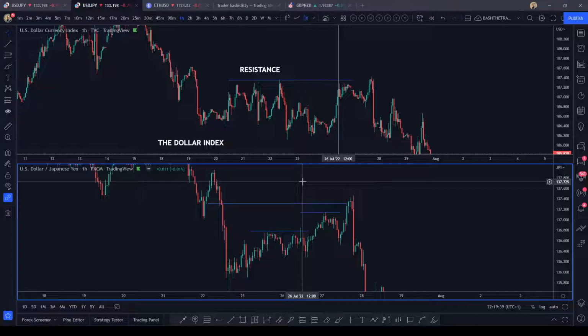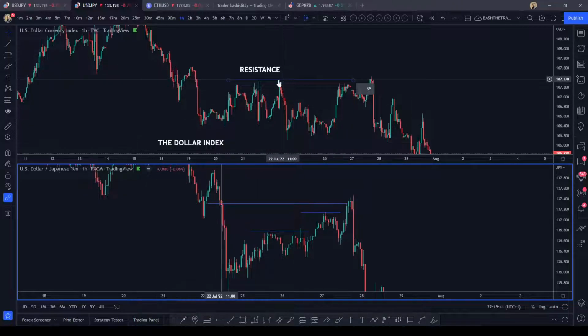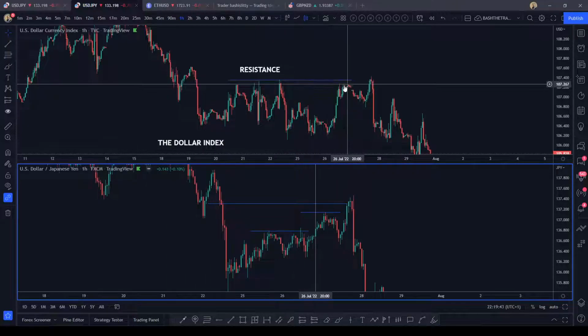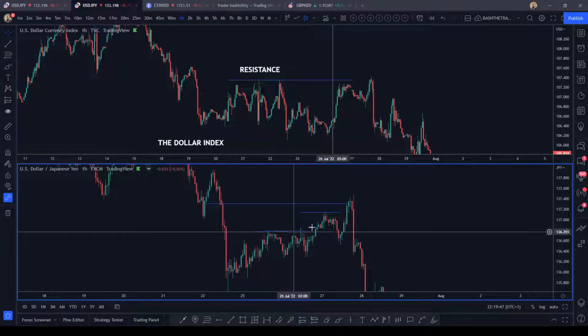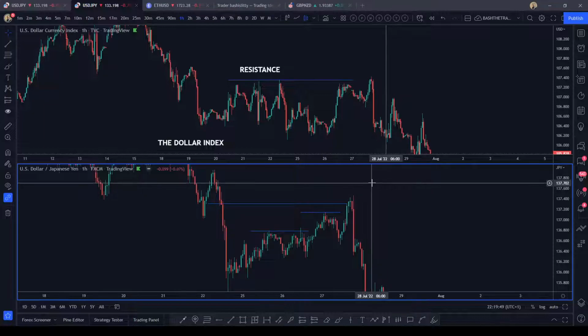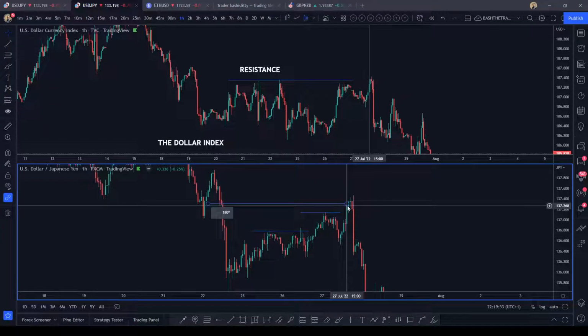So let's continue. What we can see is that the structure is quite different on the dollar index here. That resistance point at this time was nowhere to be found.